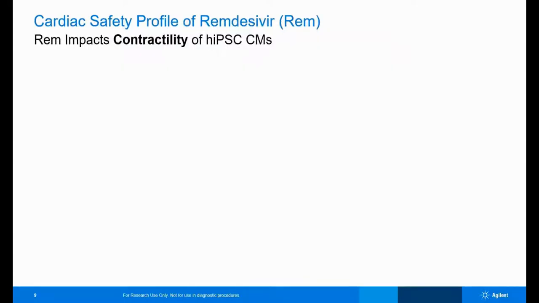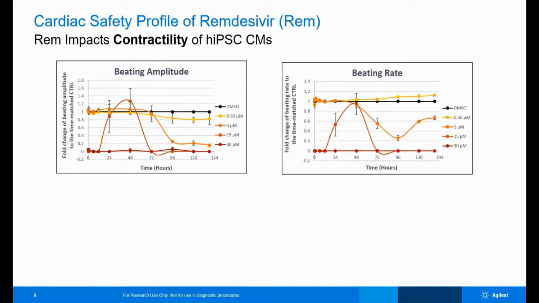To quantify the observation in contractile traces, we calculated cell beating amplitude, which is the surrogate for the force of contraction, as well as the beating rate. The Y values in these figures represent the fold change to the time-matched control, which means we first calculated the fold change compared to its baseline, and then further calibrated to the changes of DMSO control wells at each time point.